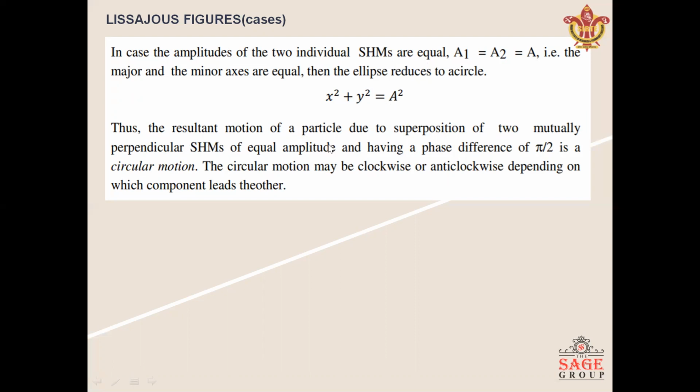Thus the resultant motion of a particle due to superposition of the two mutually perpendicular simple harmonic motions of equal amplitude and having a phase difference of pi by 2 is a circular motion. So this is the equation of a circle. So we can get the circle when the amplitudes are the same.